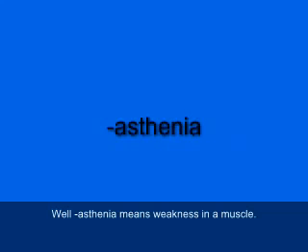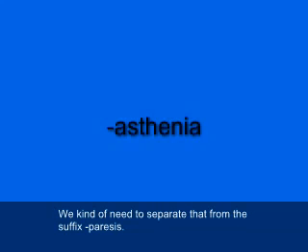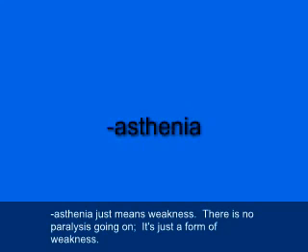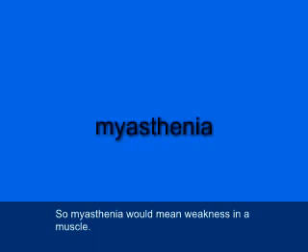Well, asthenia means weakness in a muscle. We kind of need to separate that from the suffix -paresis. Paresis means weakness and slight paralysis. Asthenia just means weakness. There's no paralysis going on. It's just a form of weakness. So myasthenia would mean weakness in a muscle.